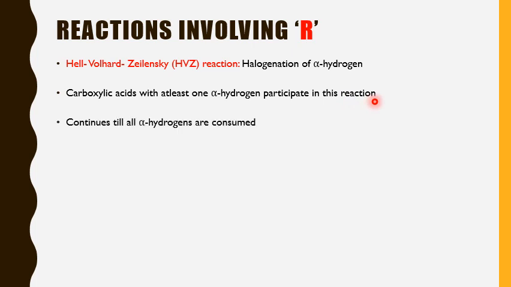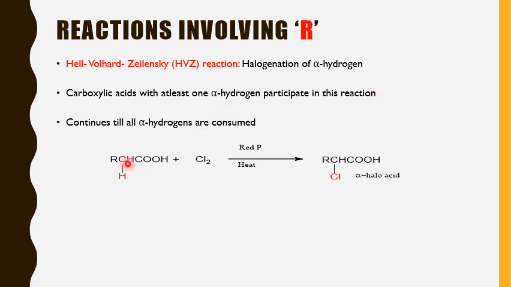And the reaction will continue till all the alpha hydrogens are consumed. That means, if you don't have an alpha hydrogen in the R chain, the molecule will not undergo this HVZ reaction. Okay, and only those molecules with alpha hydrogen will undergo HVZ reaction.